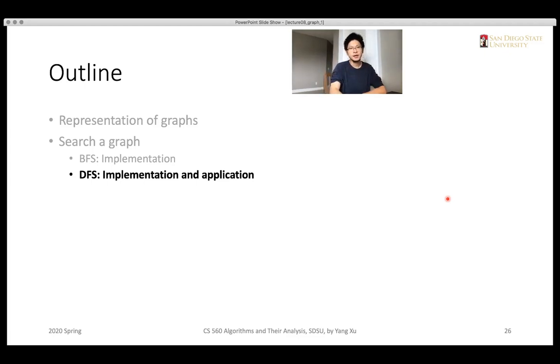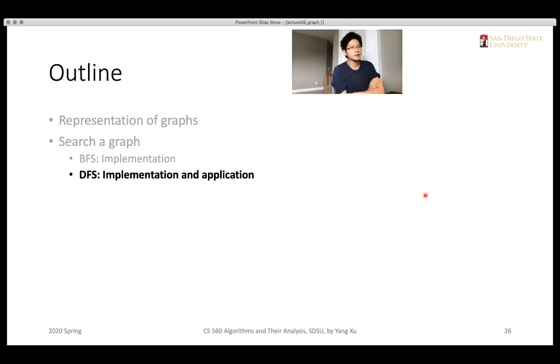Okay, and the difference between the three colors, white, gray and black, is also critical information for separating the discovered and undiscovered vertices.